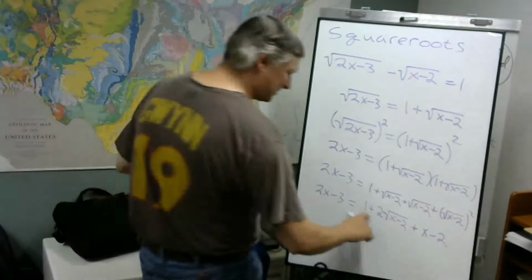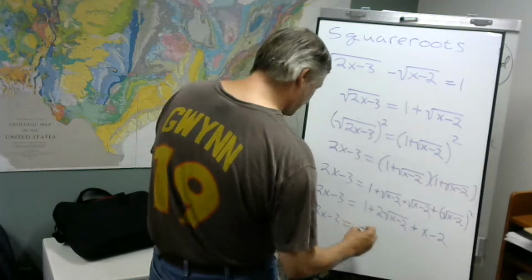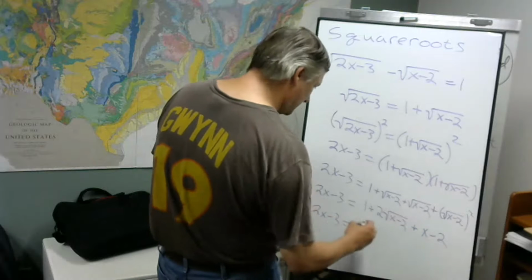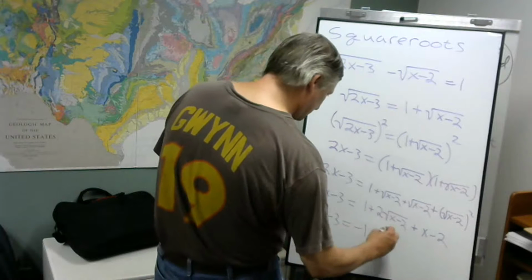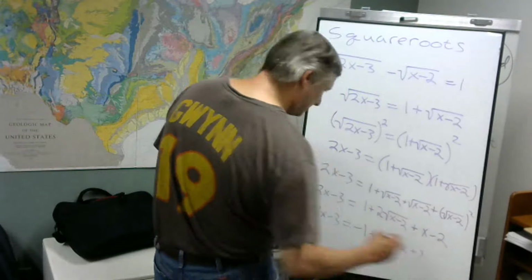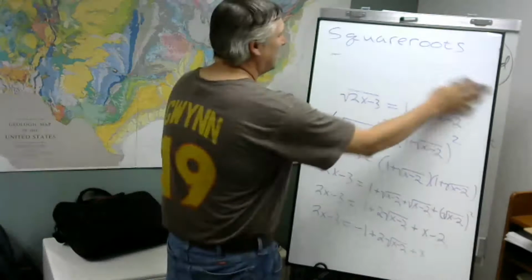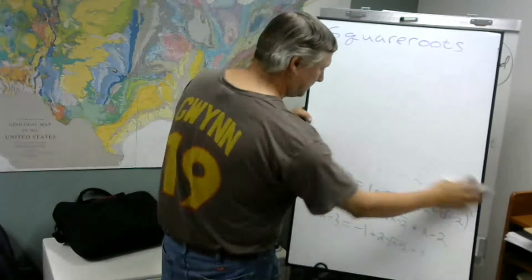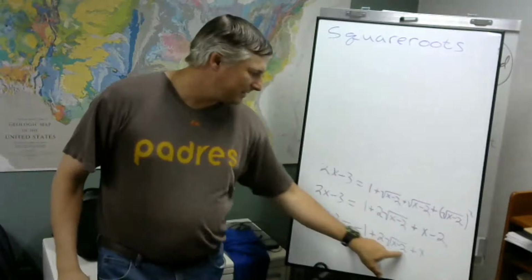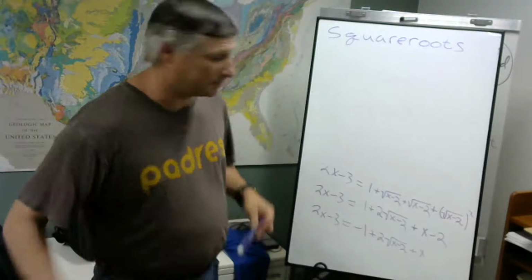So we can combine like terms a little bit on this other side. So 1 and negative 2 will be negative 1. And then what we're going to try to do is isolate this term so we can square it, canceling that last square root.